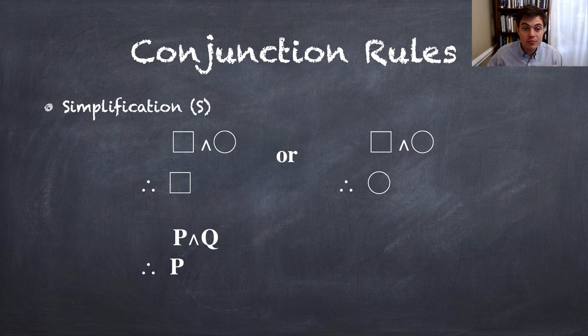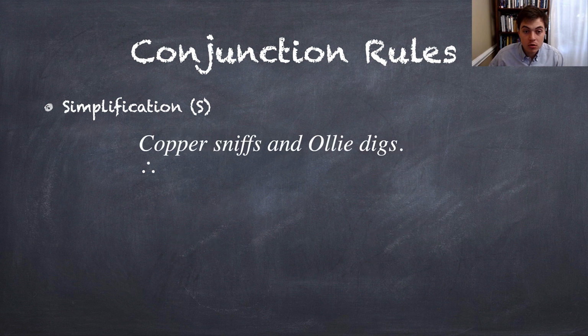Or, and this is the same rule, if you have box and circle, you can infer validly, therefore circle, citing the same rule, S. So if we have a conjunction on a line, P and Q, we can validly infer that P. Or we can cite the very same rule, simplification, or S, and conclude that Q from P and Q. So this is obviously a valid inference.